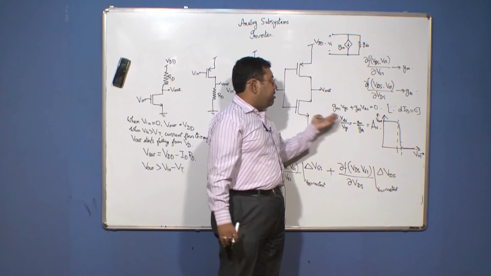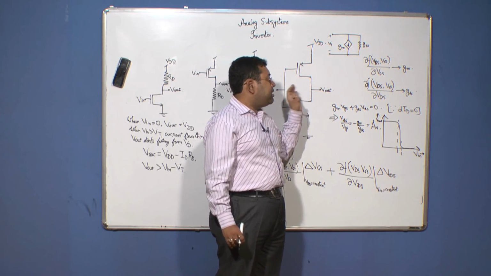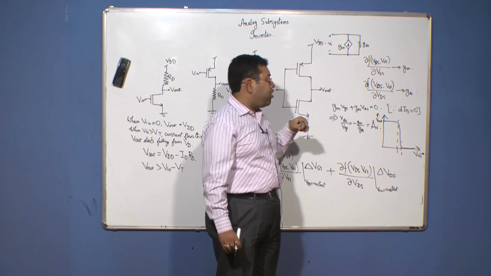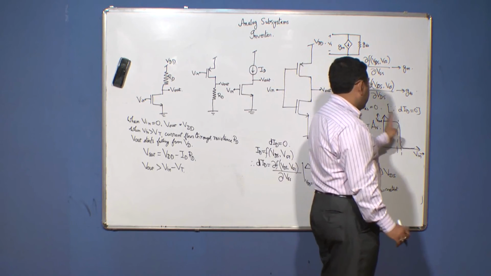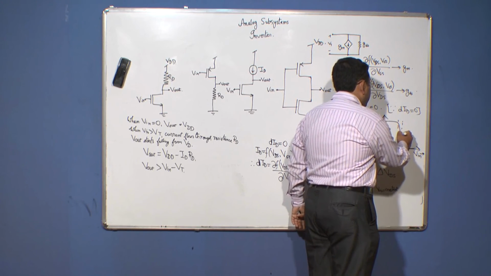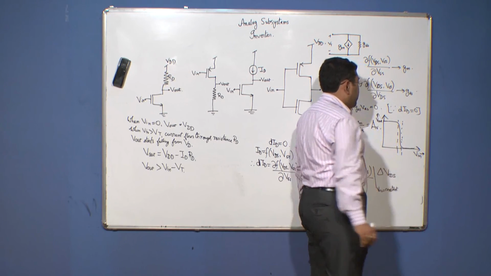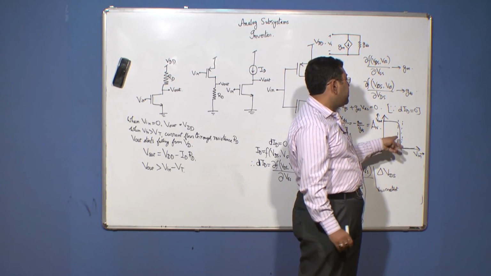One of the most important things about this circuit is that it is used both as a digital and an analog circuit. In the region to the left of this dotted line and to the right of this dotted line, the output voltage hardly changes with the input, and we use it as a digital circuit in these two regions.